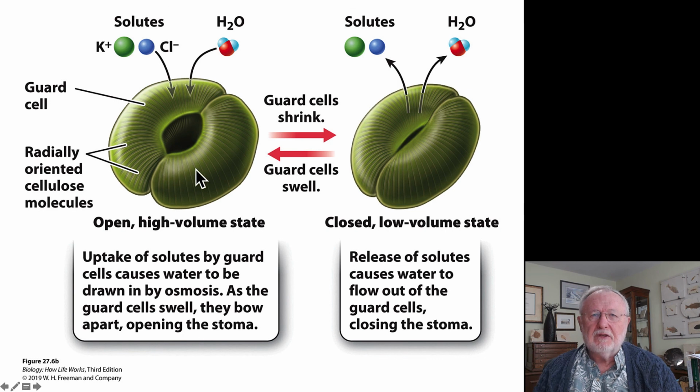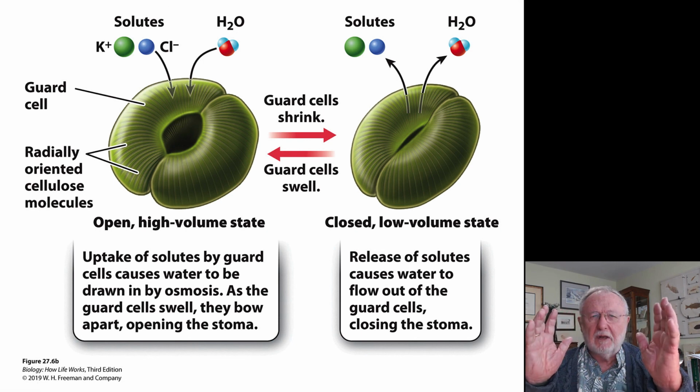In order to change the diameter from being closed to being open, basically potassium ions are pumped in and water follows through osmotically to expand the size of these kidney-shaped cells. It turns out if you look at the cell wall thickness, here on the interior portions, the cell wall is much thicker, so that you don't have an equal expansion.